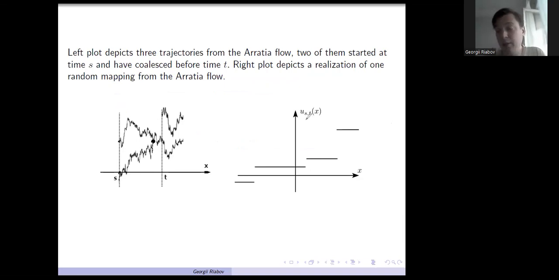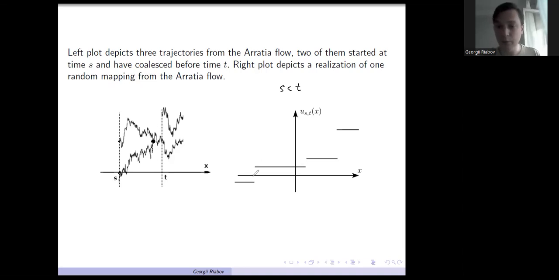And on the right plot, this is a realization of one random mapping from the Arratia flow. So this is the flow as a function of x. This picture means that here s is less than t. This picture means that during a positive time, the flow takes all points on the real line and transforms the real line into a locally finite set.